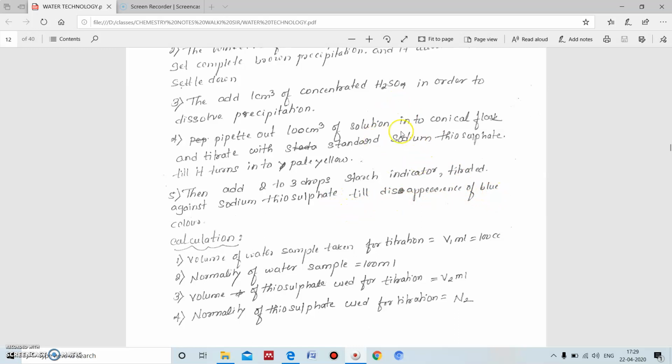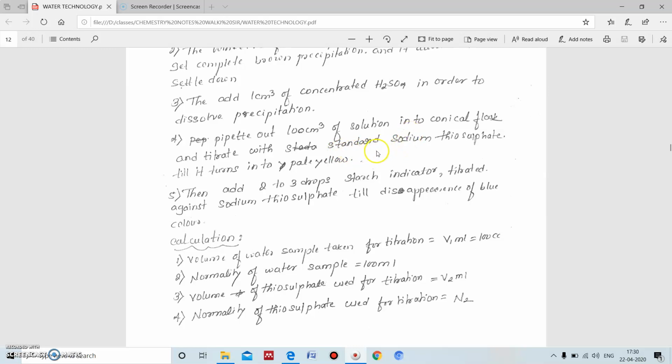Here, at the first point we do not add the starch indicator, because at the higher concentration of iodine present at the first point, starch will form a highly stable complex with iodine. Further reaction will not take place. So we first titrate the iodine with sodium thiosulfate.